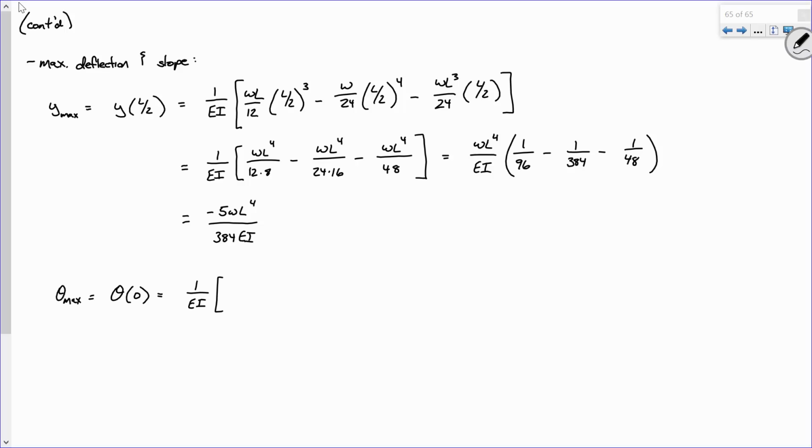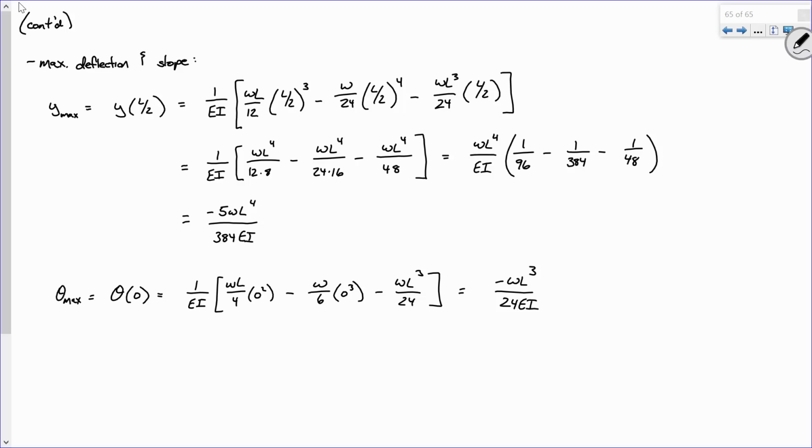So that's 1 over EI times WL over 4, times 0 squared minus W over 6 times 0 to the third minus WL to the third over 24, right? Pretty easy to deal with, right? It's just minus WL to the third over 24 EI. Everybody all right with that?